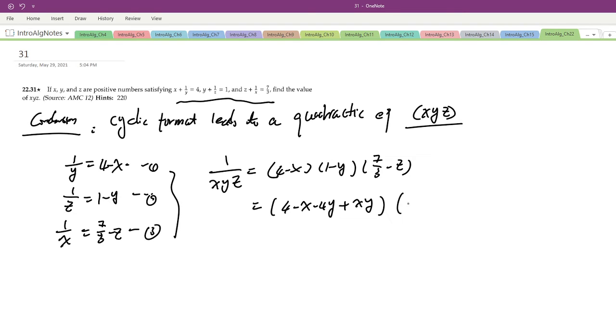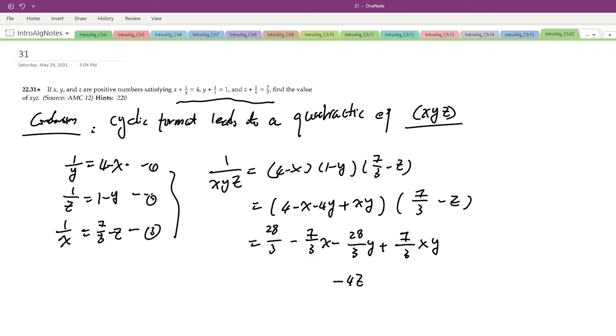Let's further expand this. Now we have 28 over 3, then minus 7 over 3x, then minus 28 over 3y, then plus 7 over 3xy. Okay, now we have the single terms. Now this one is minus 4z, right?